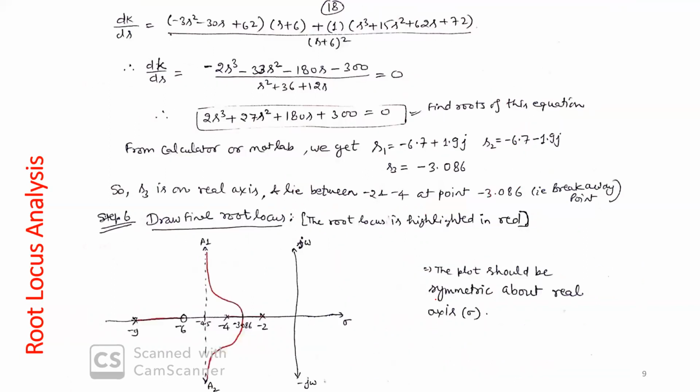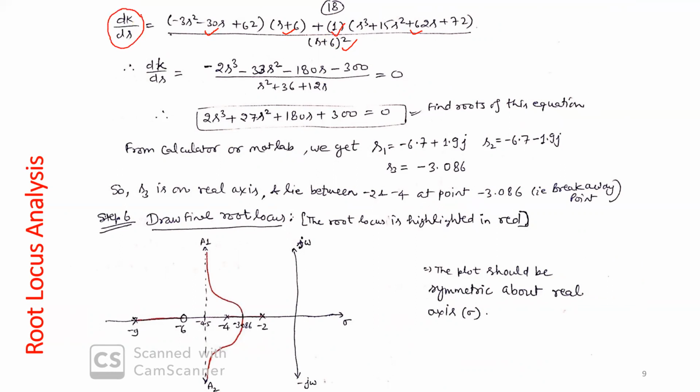So the same formula we applied here: denominator as it is, numerator derivative, then numerator as it is, and denominator derivative here. Clear? So in this way you can calculate dk over ds.